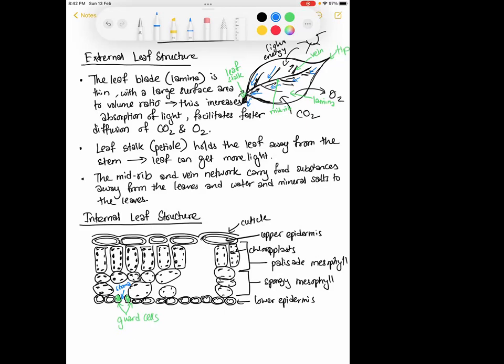Okay, I'm back. Yeah, so let's draw our vascular bundle. Actually, let's do it in a different color. I'm going to do it in yellow.